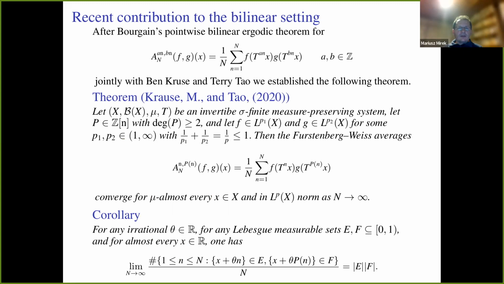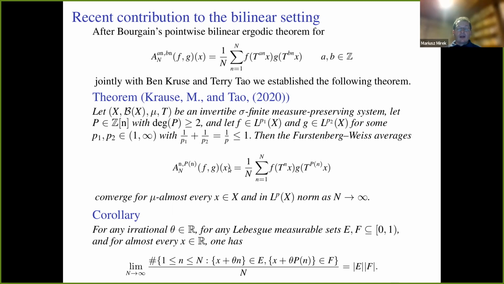Now let me tell you about my result with Ben Krause and Terry Tao. We were recently able to establish pointwise convergence in the bilinear setting for the Furstenberg-Weiss averaging operators of this form. One orbit is taken along n, the other is taken along a polynomial with degree bigger than or equal to two, and we have almost everywhere convergence and non-convergence.